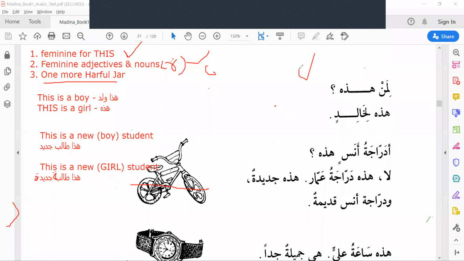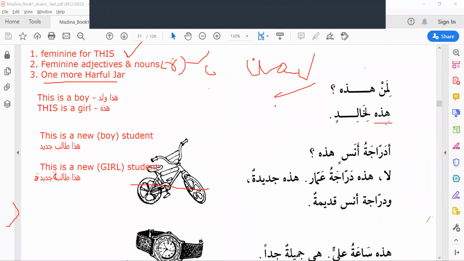Man means who. Then if you say liman, belongs to who, that means whose. So liman hadihi? Whose is this?